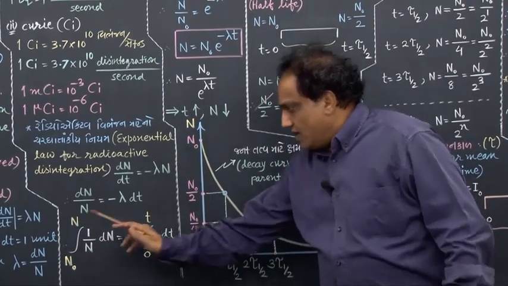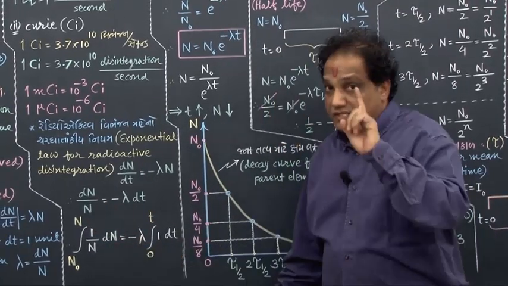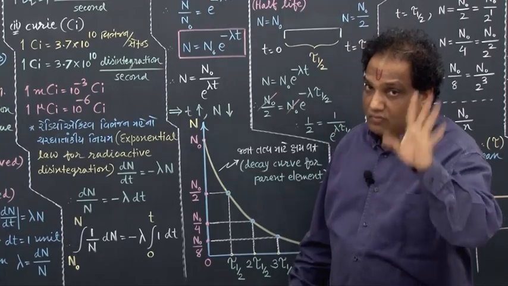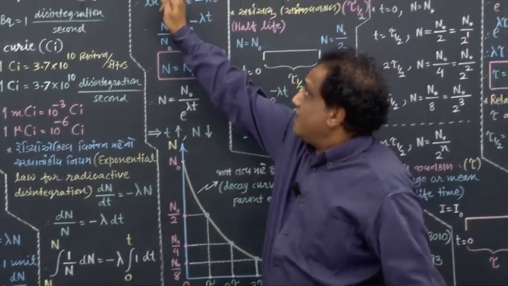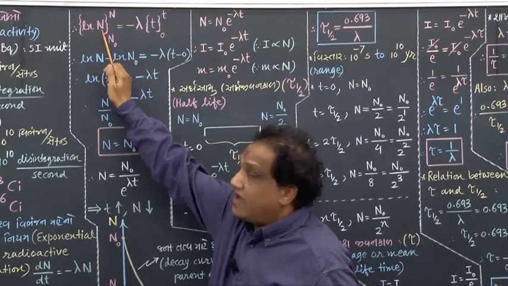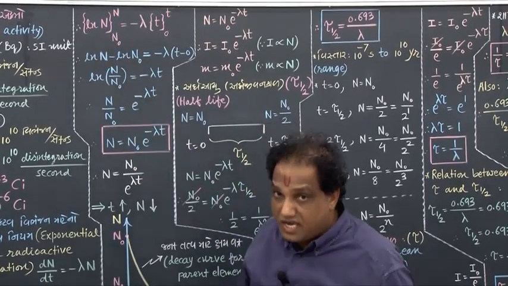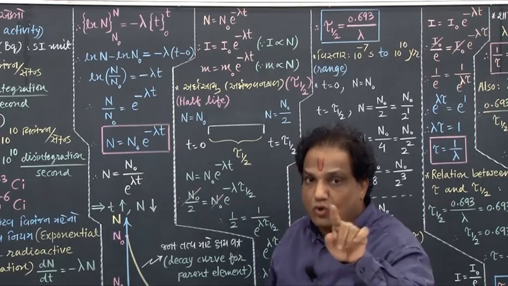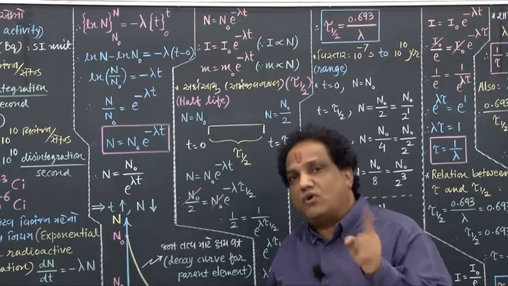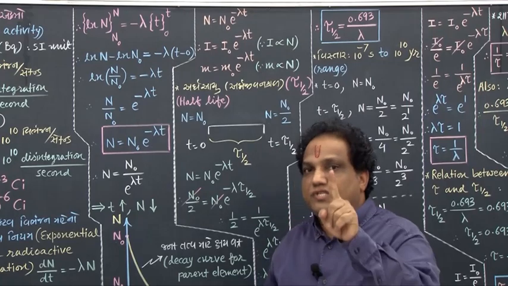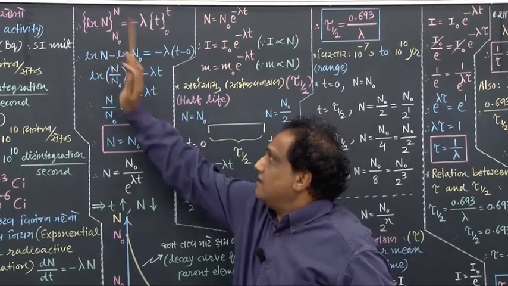Now integration of 1 upon N dN is nothing but the natural logarithm of N. ln N means natural logarithm of N. Natural logarithm is that logarithm having base small e. Remember the value of small e? 2.718. Such a logarithm is called natural logarithm, symbolized as ln.